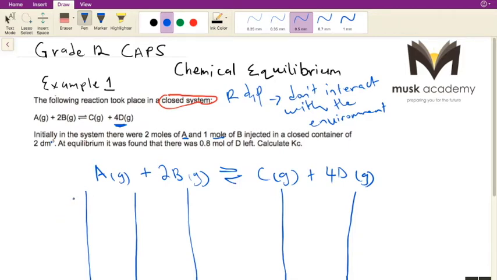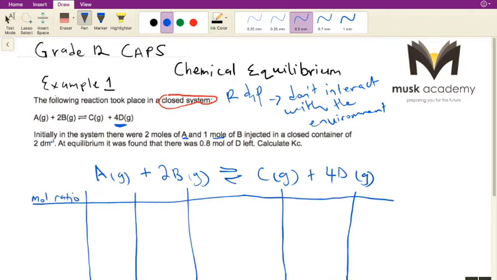Now the first row is going to show us the mole ratio.